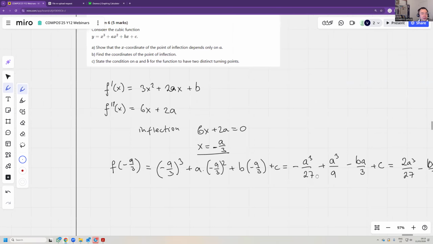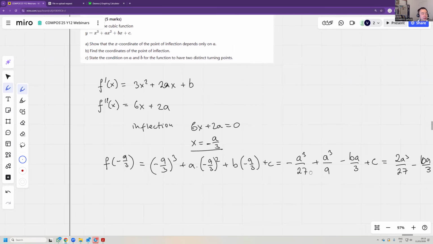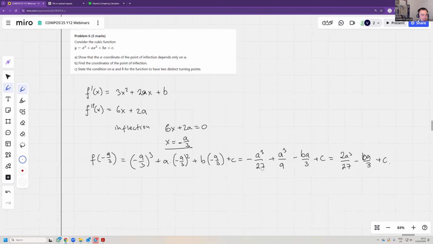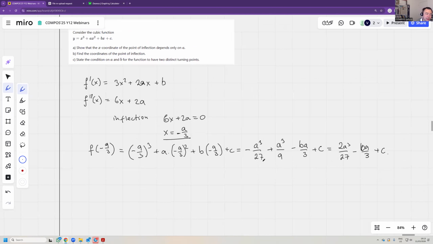State the conditions on a and b for the function to have two distinct turning points. Well, two distinct turning points is when the first derivative is 0. So that's question A. B is minus a over 3 and 2a cubed over 27 minus ba over 3 plus c.